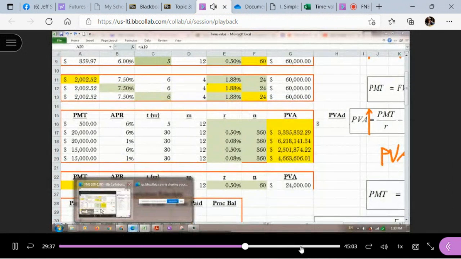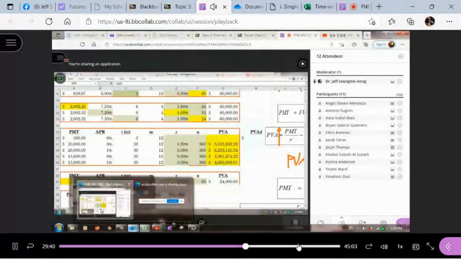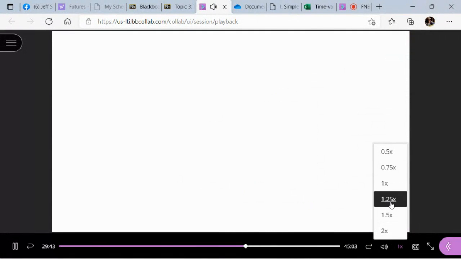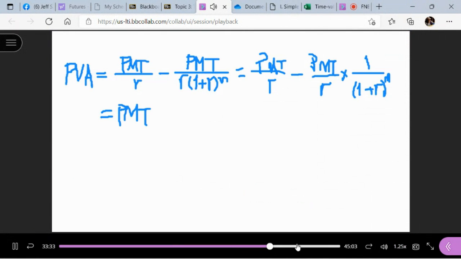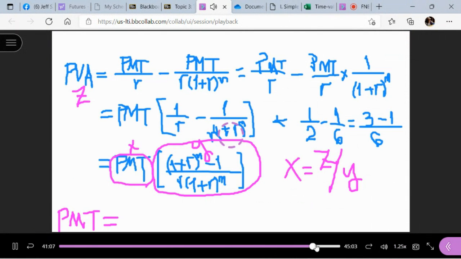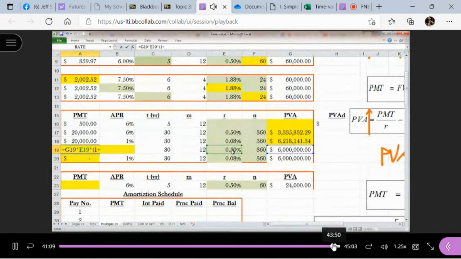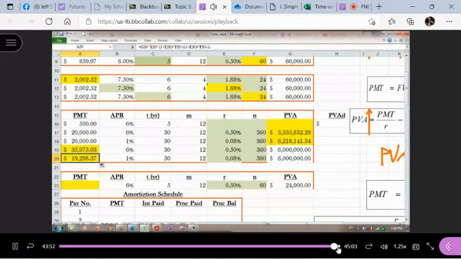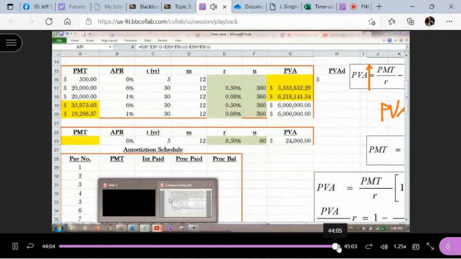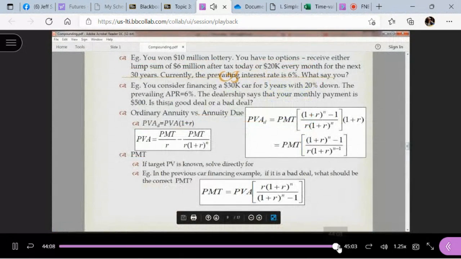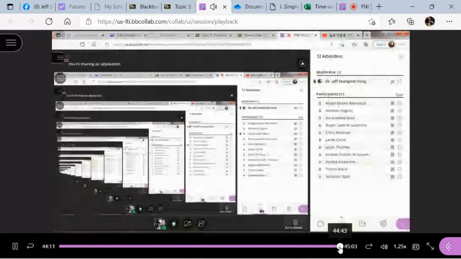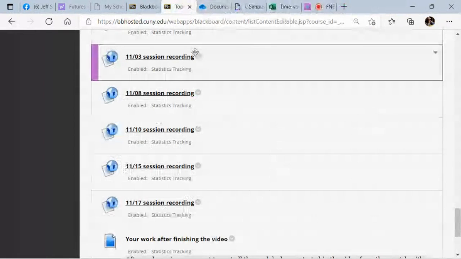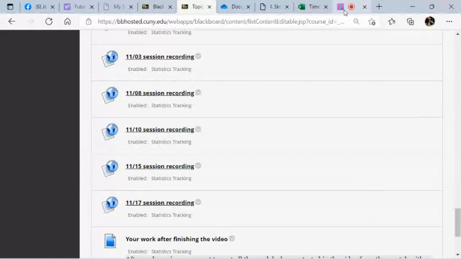All right, so in our last class, we were isolating only the payment, which is legitimate. So our next example is car financing. Okay, so we were there talking about that example.